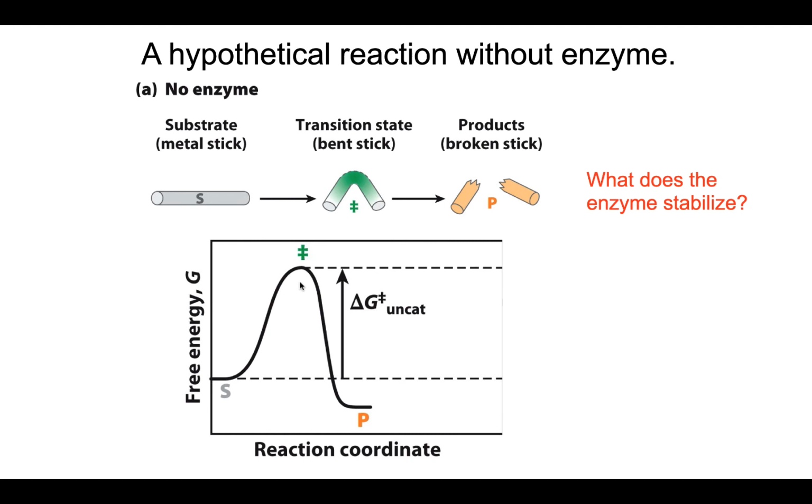And so what we want to look at is, if we wanted to design an enzyme that will help us catalyze this reaction, allow us to more quickly break that rod, what do we want to design that hypothetical enzyme to stabilize? Do we want it to stabilize the transition state or the substrate?